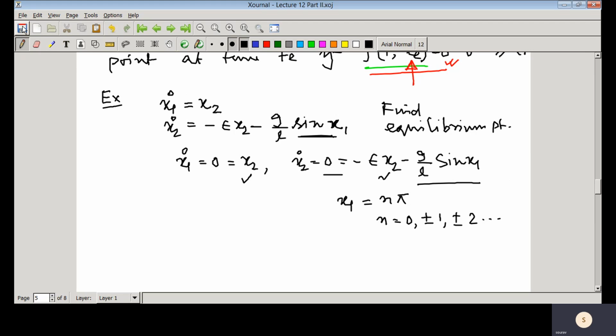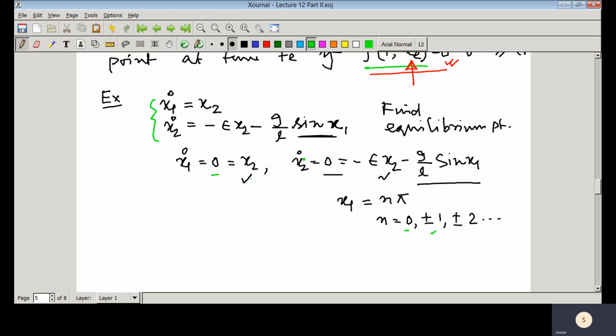From this example, we found that this nonlinear system has an infinite number of equilibrium points, or many equilibrium points. Here you can see the equilibrium points: one is x1 equal to 0, x2 equal to 0, that is (0, 0). Another is (pi, 0), then (minus pi, 0), (2 pi, 0).